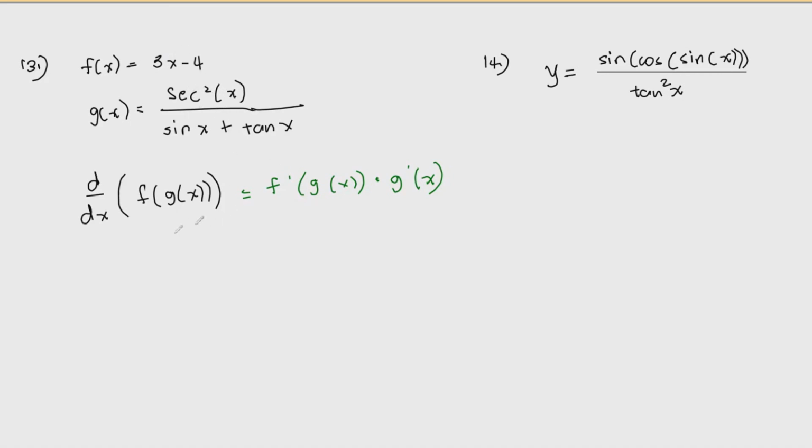So in this case, the f prime g of x would be something like 3, since that is the derivative of our f of x. So f prime of x is actually equal to 3.